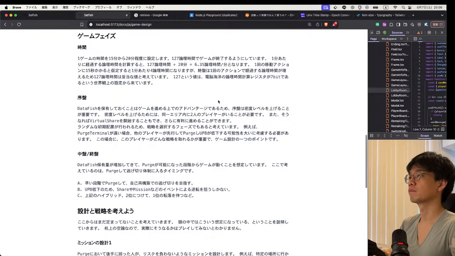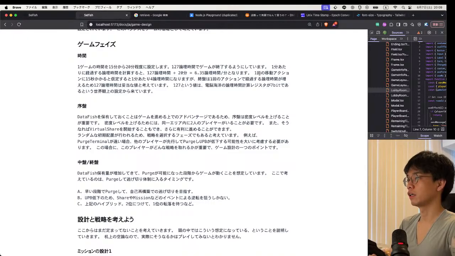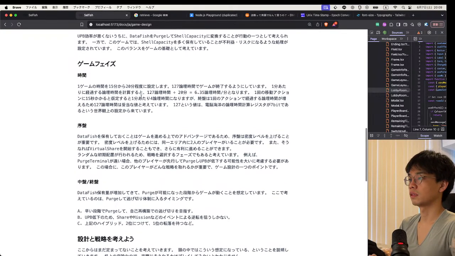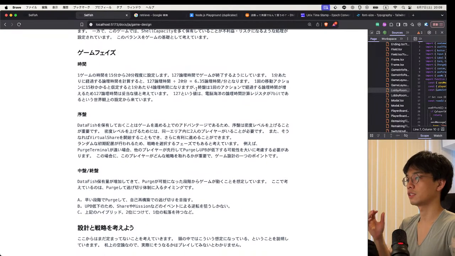This is an average value, and with the assumption that one action takes 15 seconds, 1 minute can have 4 logical time, but at the end of the game phase, the logical time per action is going up in this game.